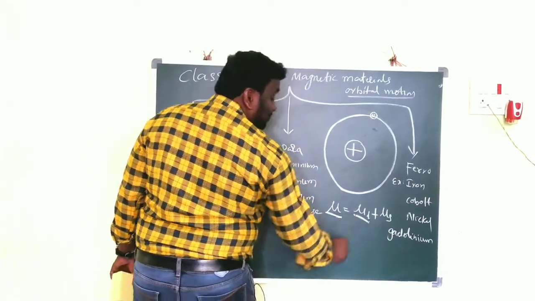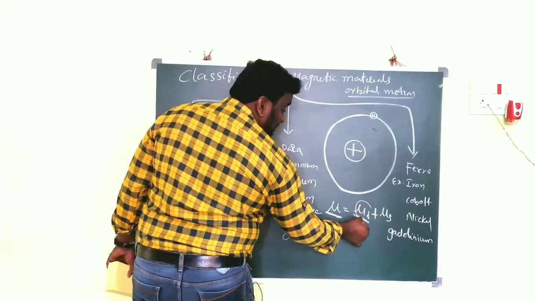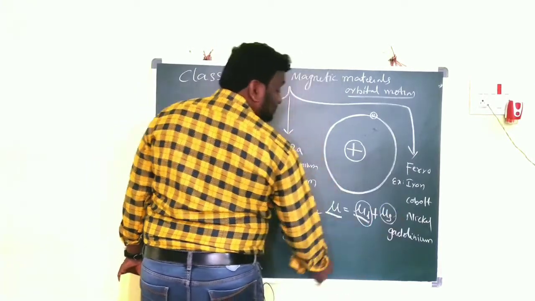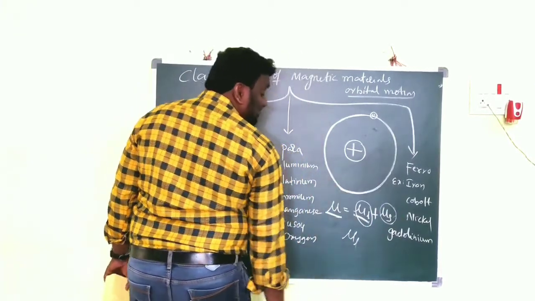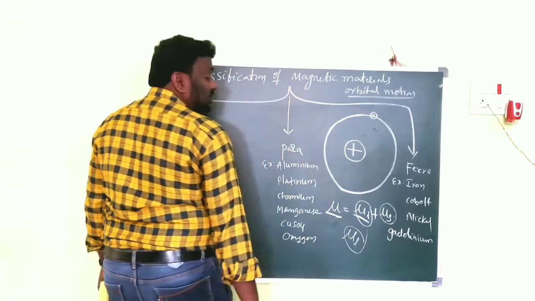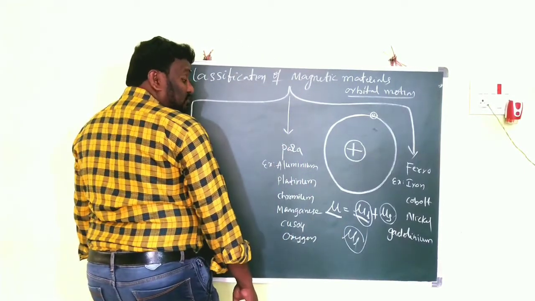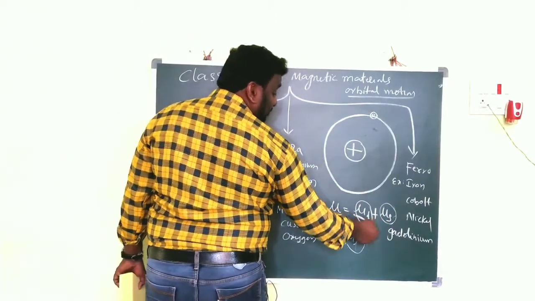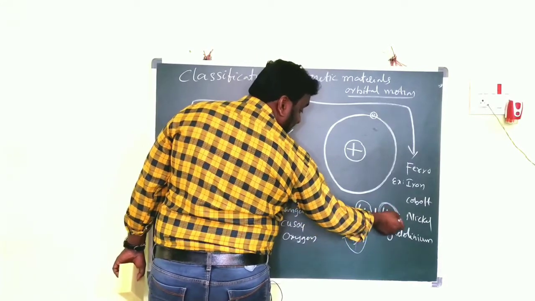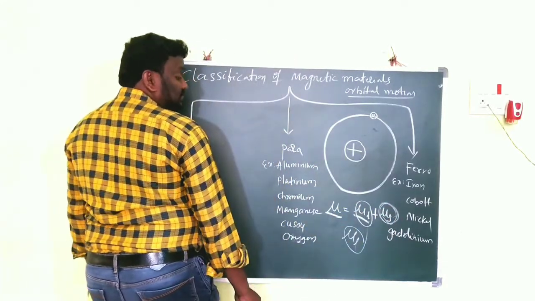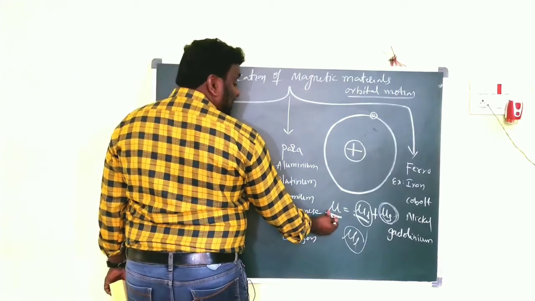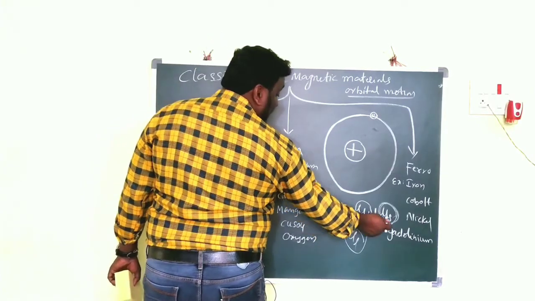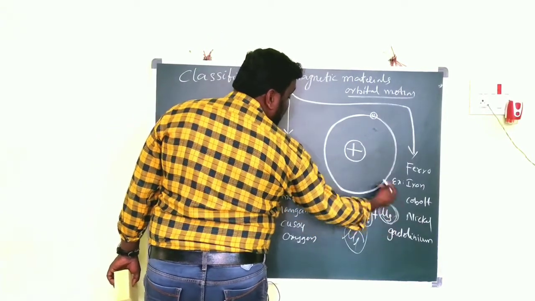Here mu_L is the magnetic moment due to the orbital motion, which is explained with respect to angular momentum, L = mvr, and mu_S is the magnetic moment due to spin motion. Simply, the magnetic moment of the electron is taken as the sum of the magnetic moment due to the orbital motion and the magnetic moment due to the spin motion.